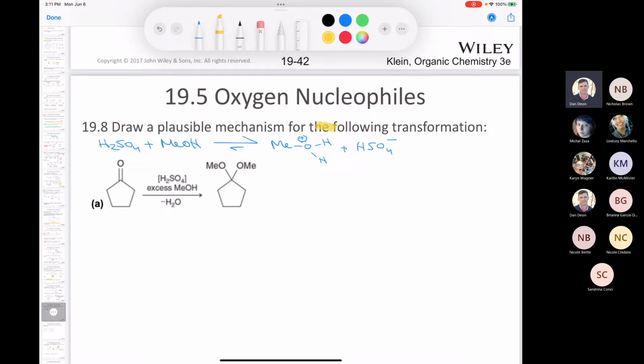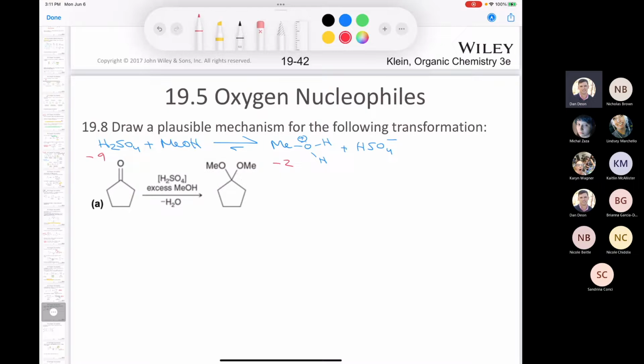And so this will be the acid that I'm going to draw in the mechanisms, not sulfuric acid. You could draw sulfuric acid because it's in equilibrium, but again, the equilibrium is going to lie mostly to this side. This has a pKa of around -2, whereas this has a pKa of -9. So we're talking about a difference of 10 to the power of 7.